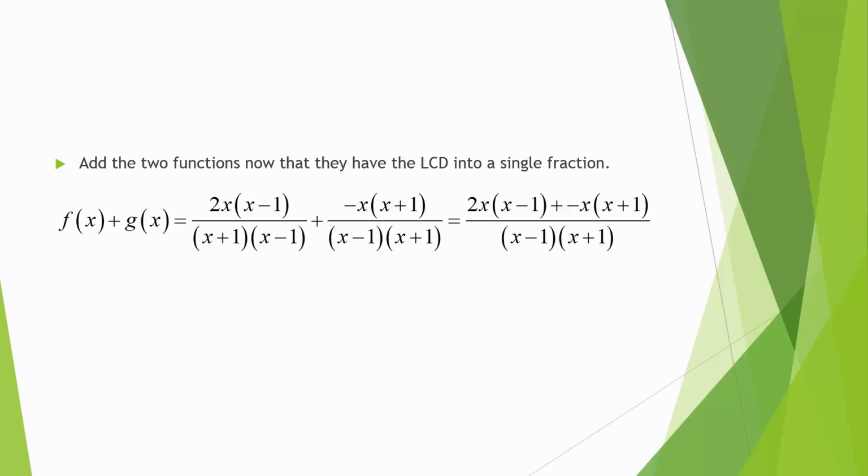So we add the numerators, keep the same denominator: 2x times x minus 1 plus negative x times x plus 1 in the numerator, and of course the denominator is the LCD, which is x minus 1 times x plus 1. Notice that x plus 1 times x minus 1 is the same as x minus 1 times x plus 1, since it doesn't matter which order we multiply.